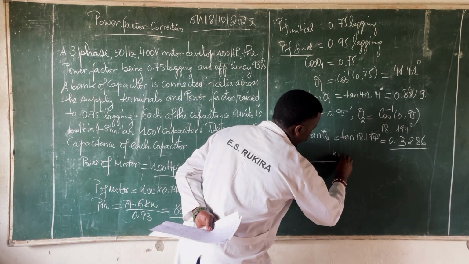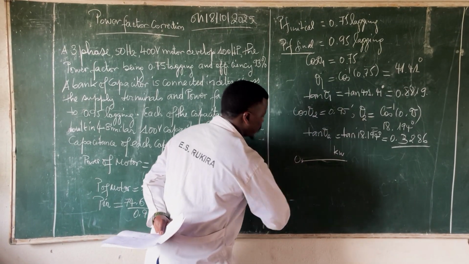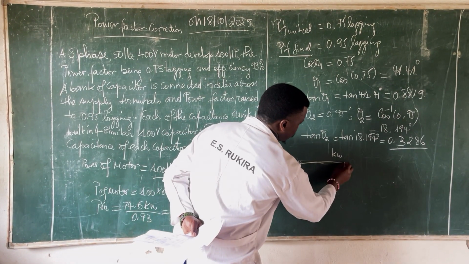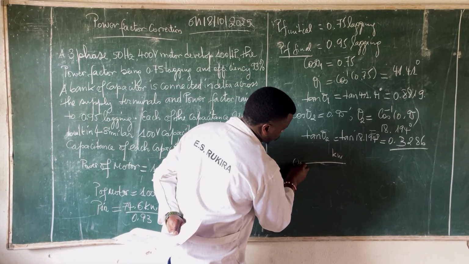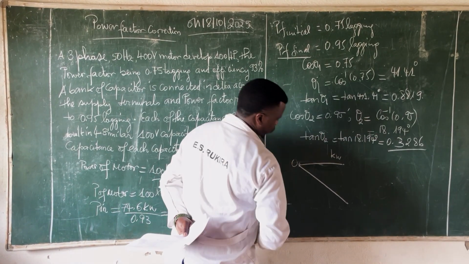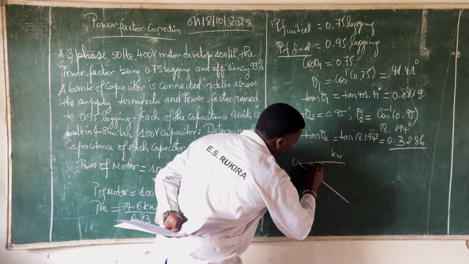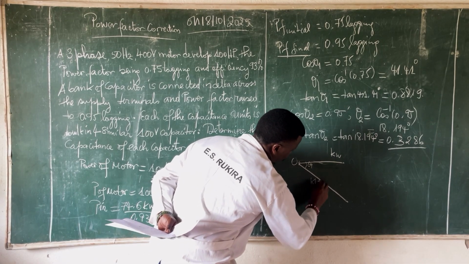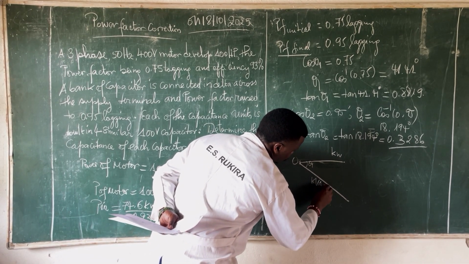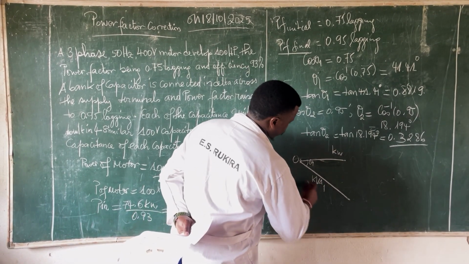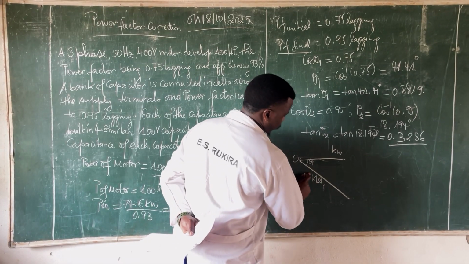Now, to use this, remember we have the active power in kilowatts. Let's call this point initial. And now we have reactive power for theta 1, kilovolt-amp kVA 1, which corresponds to theta 1.